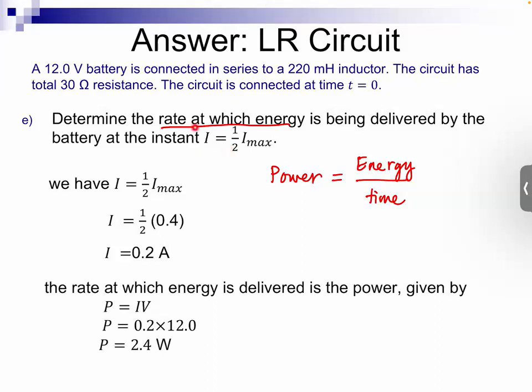The current is given as 1/2 the maximum current, which you find here, and the voltage of the battery is given. So you have 2.4 joules of energy being delivered per second, or 2.4 watts of power is being delivered. Good.